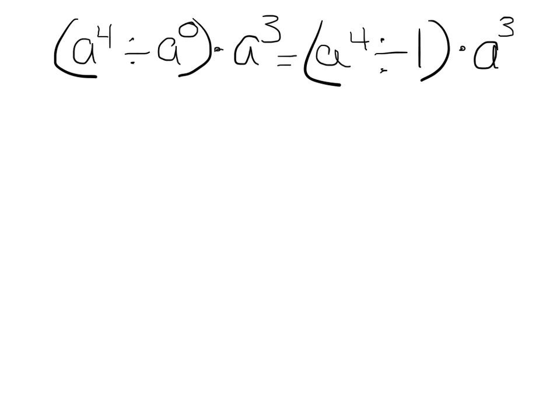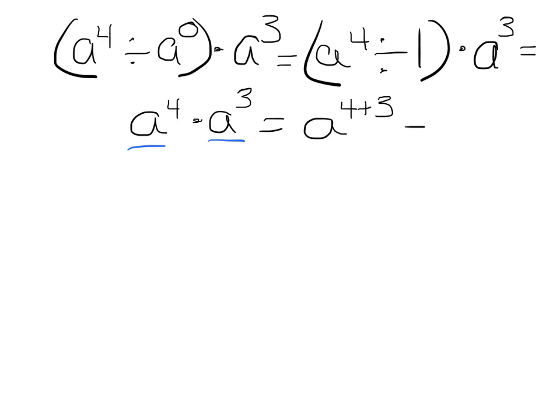I'm going to simplify this because a to the 4th divided by 1 is just going to give me a to the 4th, which I'm going to multiply by a to the 3rd. I now have common bases, so I can use my product of powers property. That means I'm going to keep my common base and add my exponents. So when I simplify that, I get a raised to the 4 plus 3, which is 7.